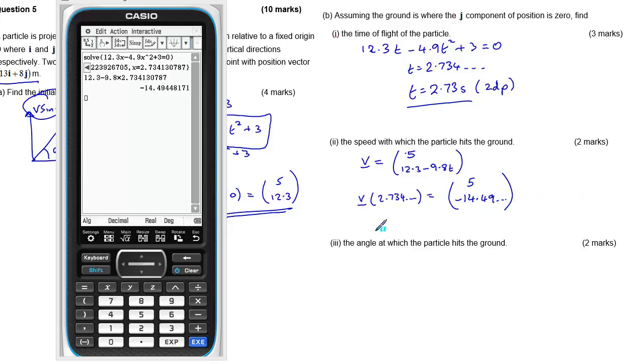And so the speed is just going to be the square root of 5 squared plus 14.49 and so on squared.